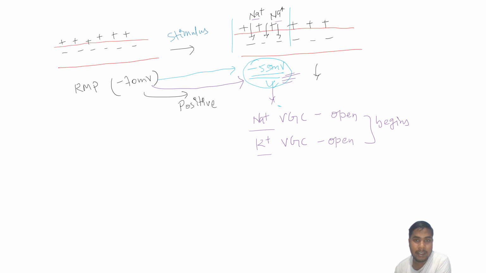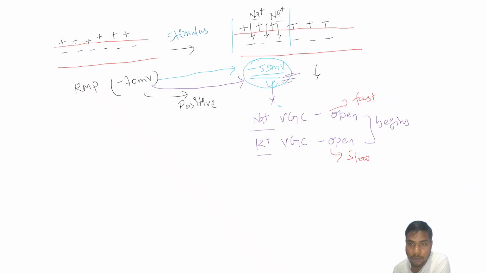What is happening there? It is leading to the opening of the sodium and potassium voltage gated channels. The opening of the sodium ion voltage gated channel is a fast process, and the potassium one is a slow process.